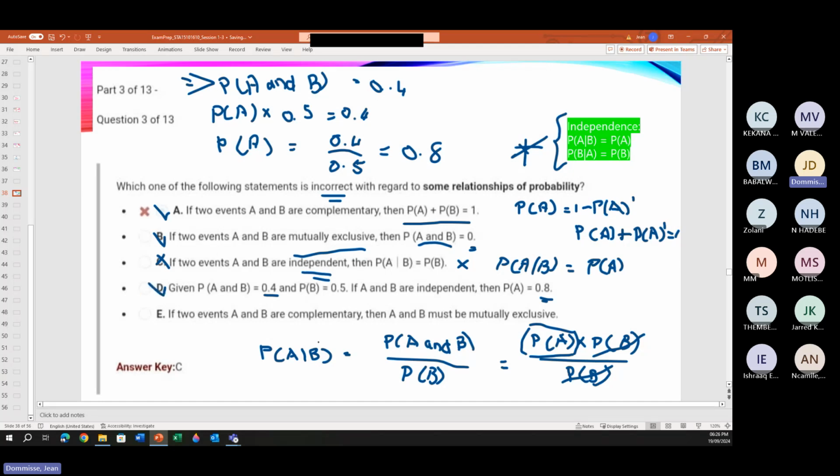So when you get something like that, just write out the formula as we know it.